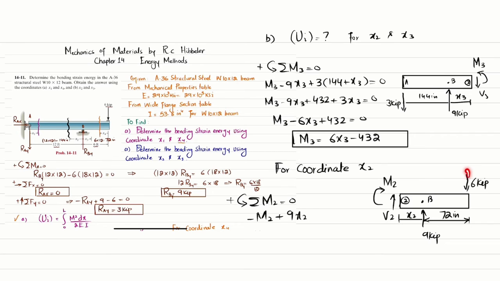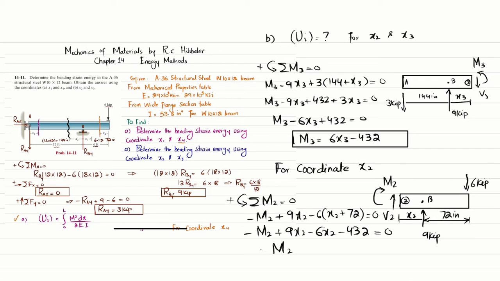And the last moment is due to 6 and perpendicular distance is x2 plus 72, and this is producing clockwise moment, so it will be negative. So I will write minus 6 into (x2 plus 72), and the sum of all moment about point 2 is equal to 0. So from here, minus M2 plus 9x2 minus 6x2 minus 432 is equal to 0.